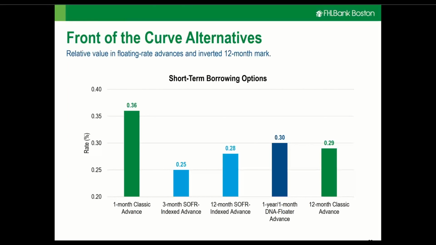As an example, you can see the 3 month and 12 month SOFR floater at the 20 basis point range, and the 1 year, 1 month DNA where you can prepay every month if you want to with no fee. Then you also have the 12 month classic advance, which is a fixed rate advance where we offered a special this week. Each of these options is 5 to 10 basis points cheaper than the 1 month classic.